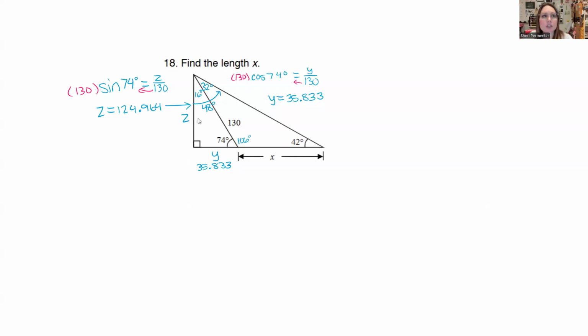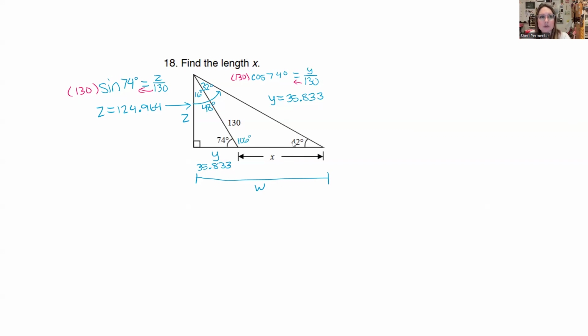And I have some angles to choose from. I know this full angle, but I also know this one. Which one should I use? This one or this one? The one that's given. So with the given information, I know an opposite, and I want to figure out the entire length down here. I could call it w if I wanted. So from the angle 42, I know opposite, but I don't know adjacent.